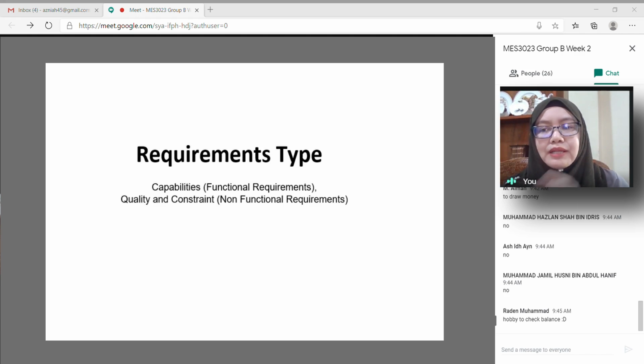Okay, now we go to quality. Quality is about the quality of the software, the system. What are the quality attributes expected by the user when they use the system? For example, when you use ATM, what do you expect?